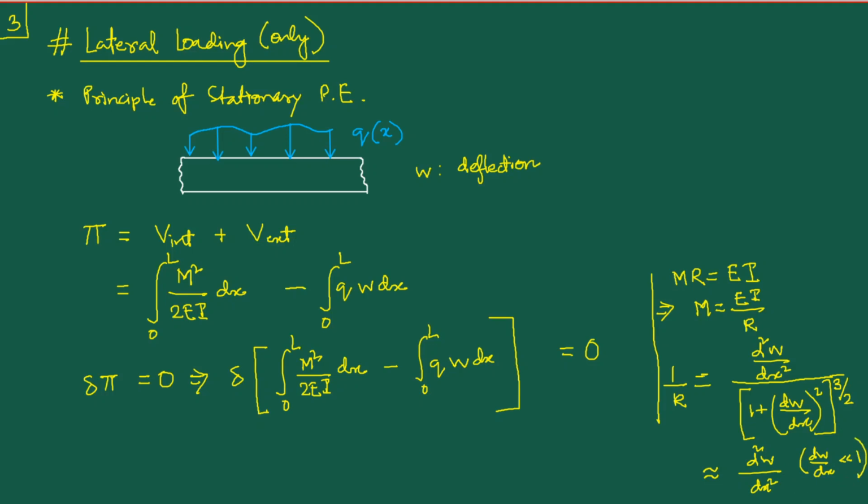All right, so what we can do here is this M can be replaced by this EI by R, so that what we have here is this half EI 1 by R squared dx, and in the subsequent step we can replace this 1 by R by this d squared w dx squared.